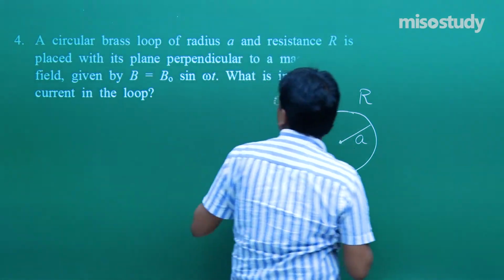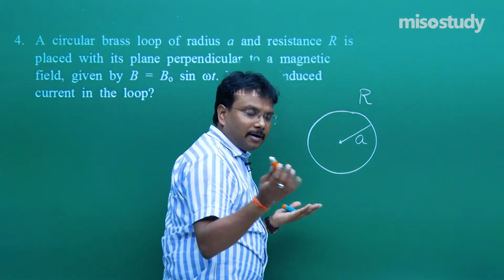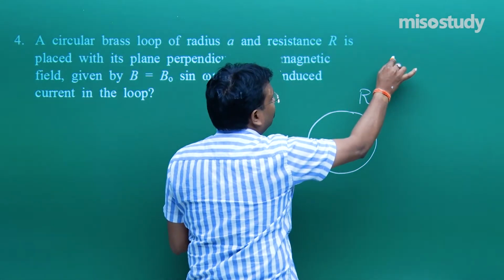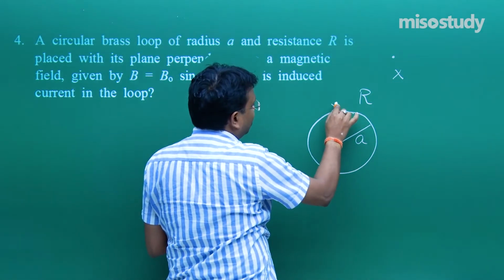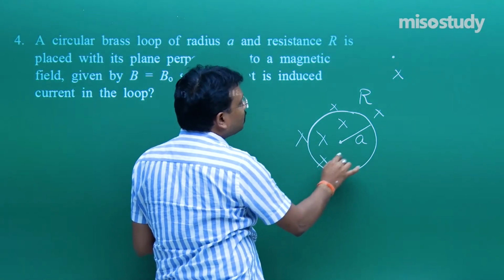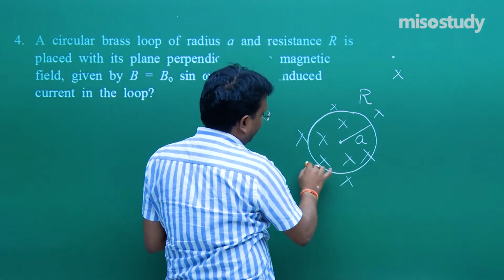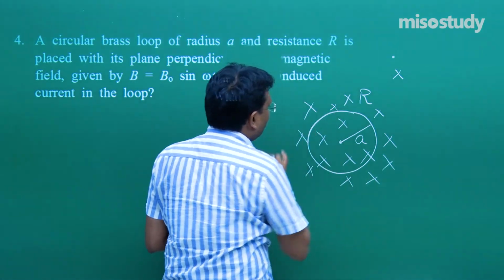As it is not mentioned which way the magnetic field is, it is your liberty. Either you can put the magnetic field like this or like this. So, let us say the magnetic field is like this. Fine, as it is not given, so this is perpendicular, not a problem.